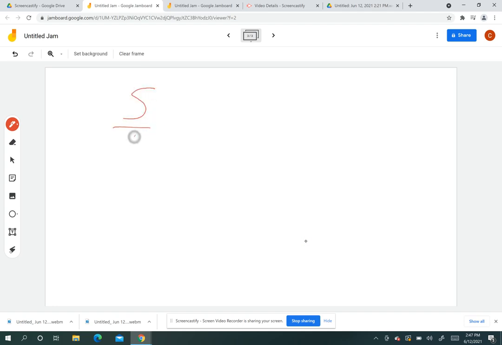Hopefully the multiplication of fractions is actually pretty easy for you. If I have 5 over 9, and I multiply by 3 over 6. Again, multiply straight across. 5 times 3 makes 15. 9 times 6 is 54. Now, technically, I know that 3 can go into both 15 and 54.